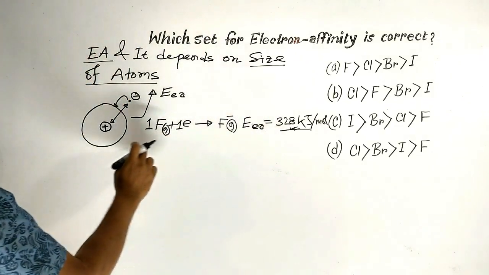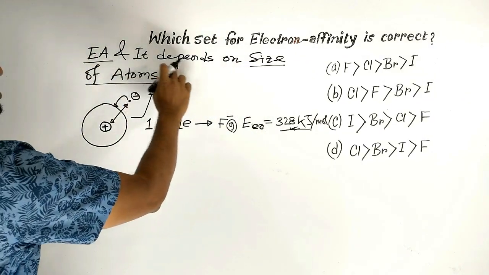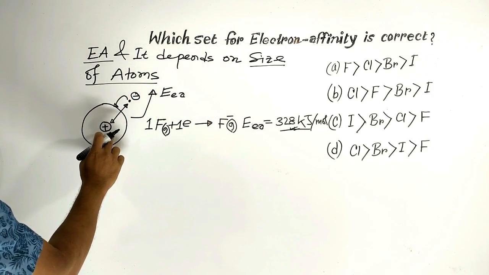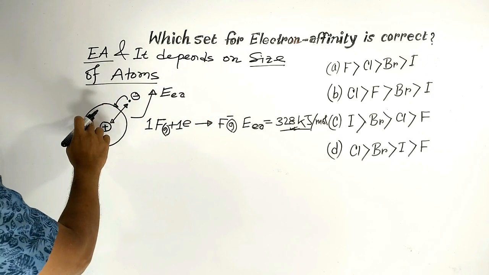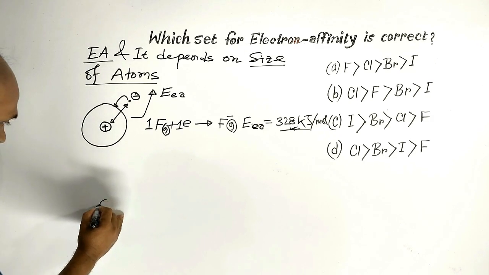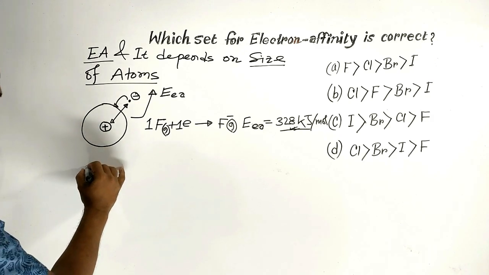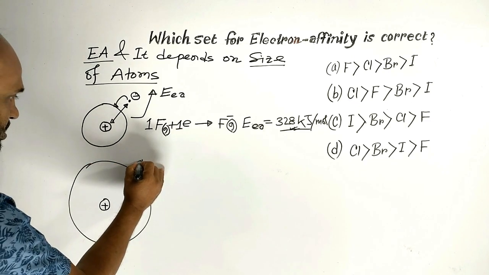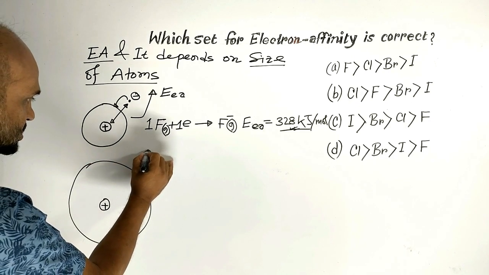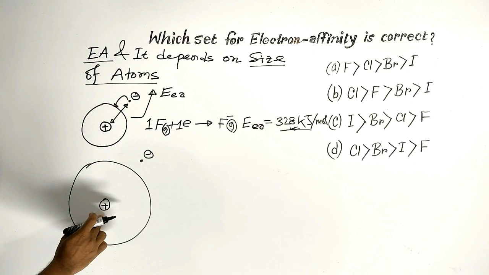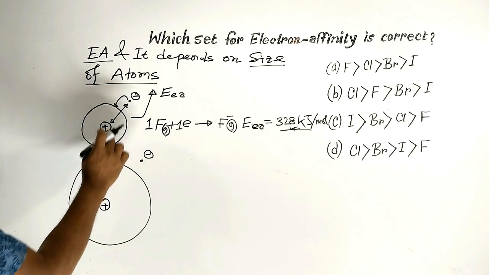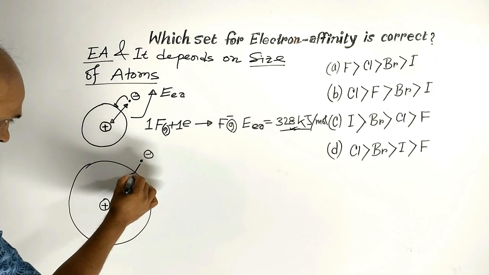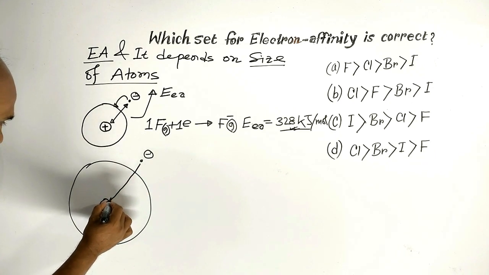Now let us see how it depends on the size of the atom. This is the atom and it is this size. Let us consider another atom which is a bit bigger in size. Here electron is negative in charge, nucleus is positive in charge. Here this is the distance, but here the distance is greater.